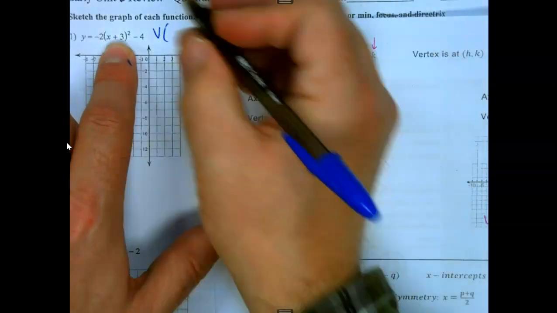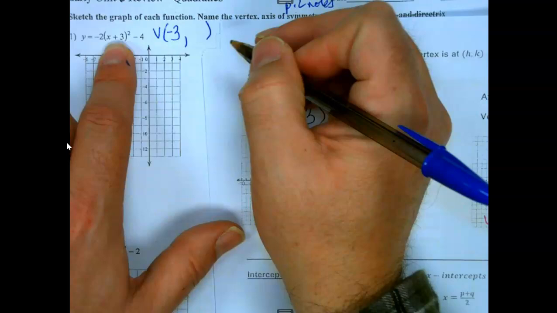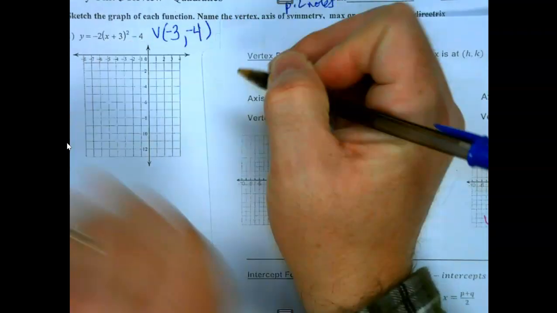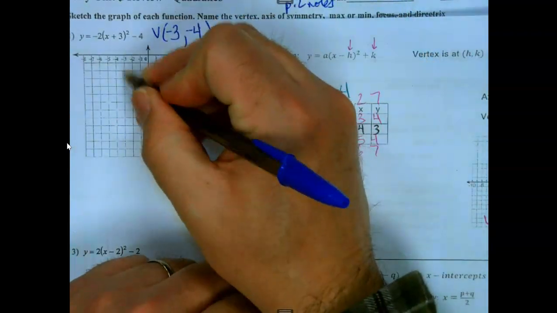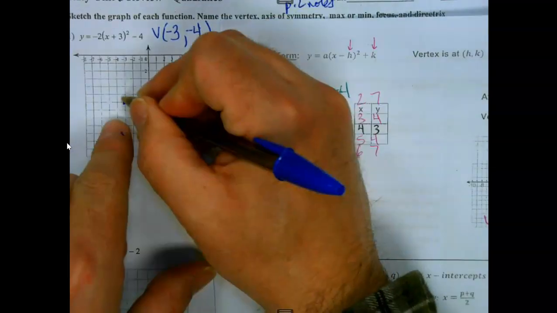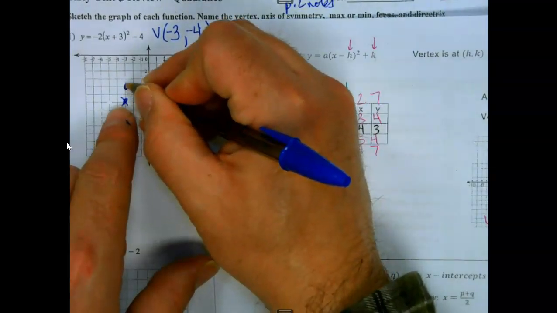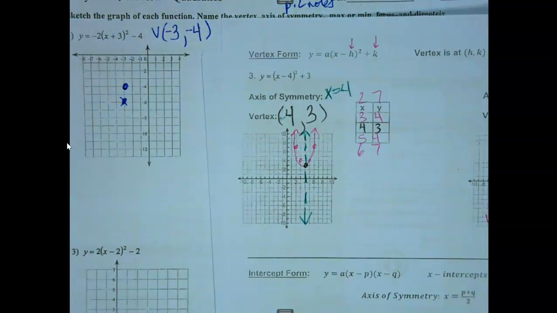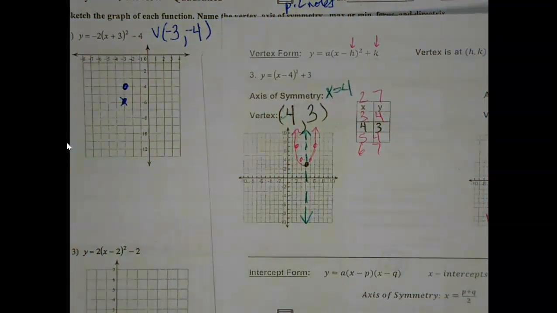So we switch the value on what's in the parentheses and keep what's outside. So -3, -4. Whoops, that's not -4, Hardy. -3, -4. There we go. So I've got that piece.